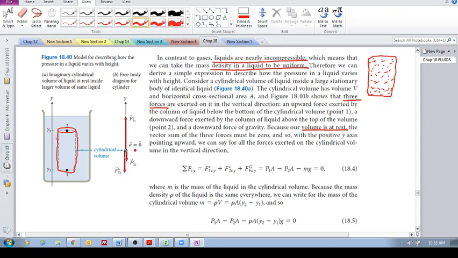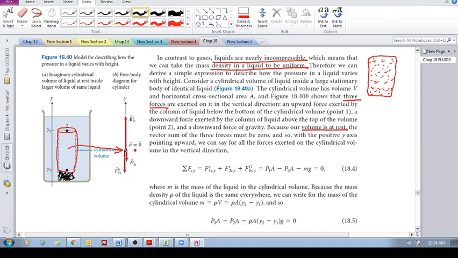Now let's draw a free body diagram of this cylindrical volume of water. That is the free body. Now what are the forces acting on this body of water? Well, down here at point 1, we've got this body of water acting up, and this is called F1c.